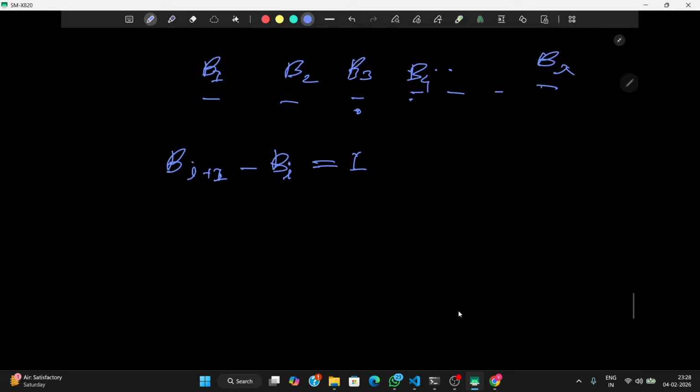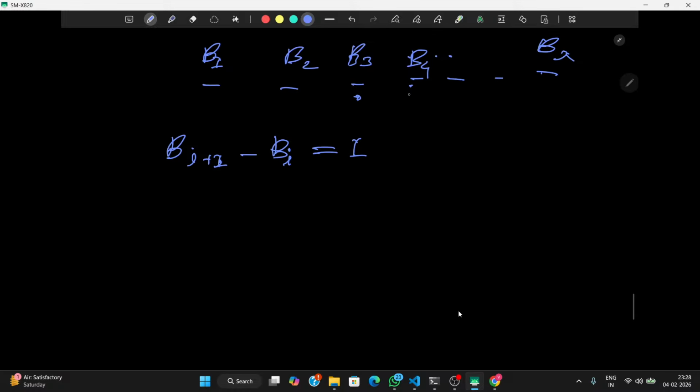Now, if we are starting at some index i, this is a standard permutation problem. Suppose this is 4 here, you will need to take three elements from its left and x minus 4 elements from its right, right?